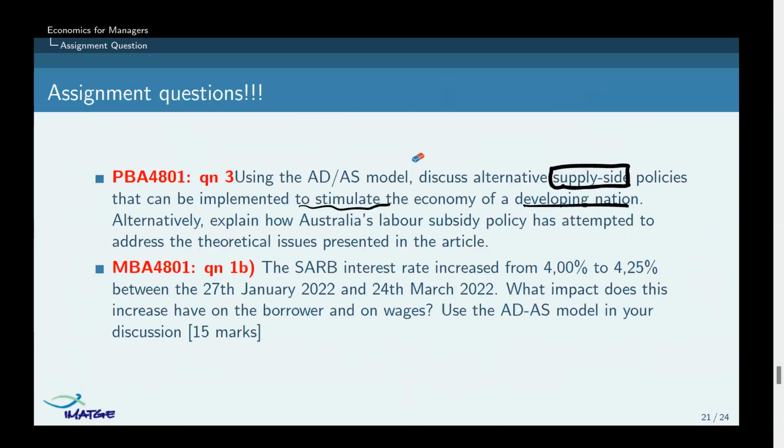Right. There's a question from MBA: should we have two ADAS models, one for borrowers and one for wages? No. ADAS should be just one. But if you want to include the labor market, you draw the demand and supply for labor and say when the repo rate is increased, it becomes very expensive for companies to produce output, right?